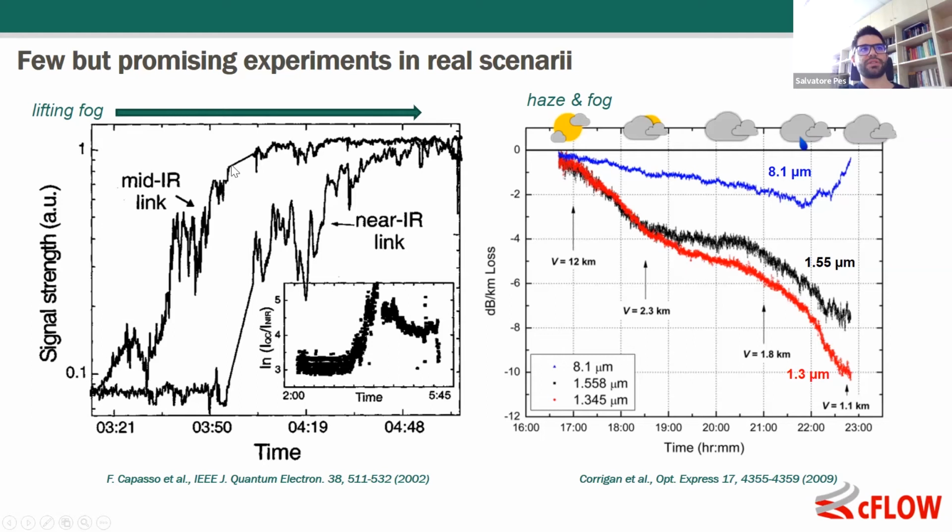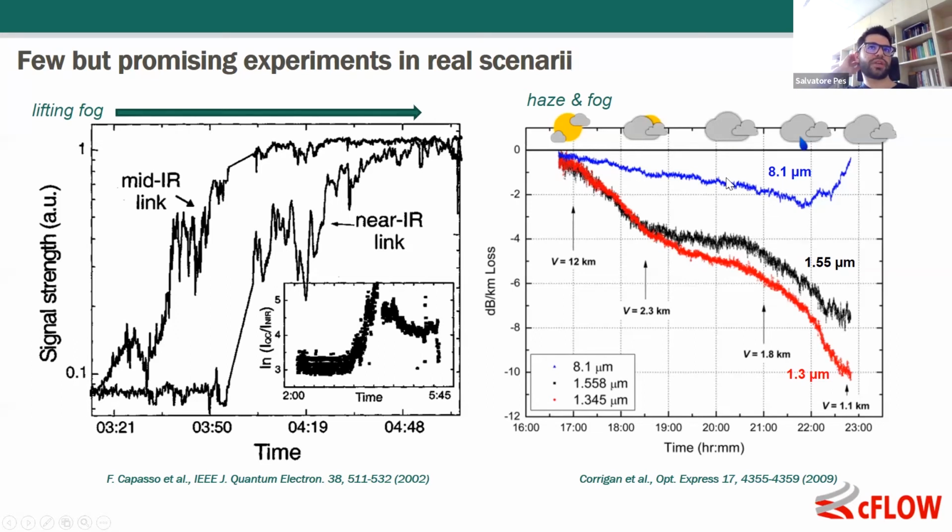We see that with the mid-infrared link the signal recovered faster than with near infrared. In the second example, we have a comparison of different wavelengths: two around the telecom wavelength, and the third one in blue in the LWIR at 8 micron.